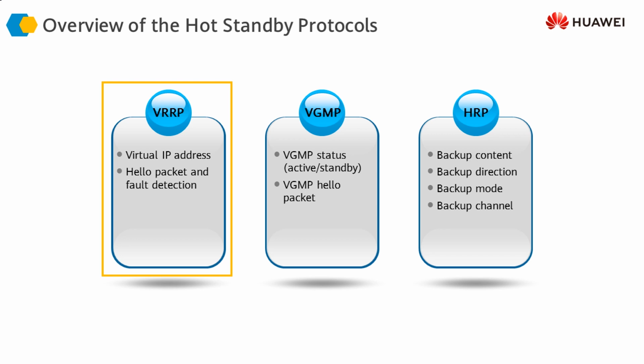How this is implemented is that there would be a virtual IP address which we configure on the two firewalls.